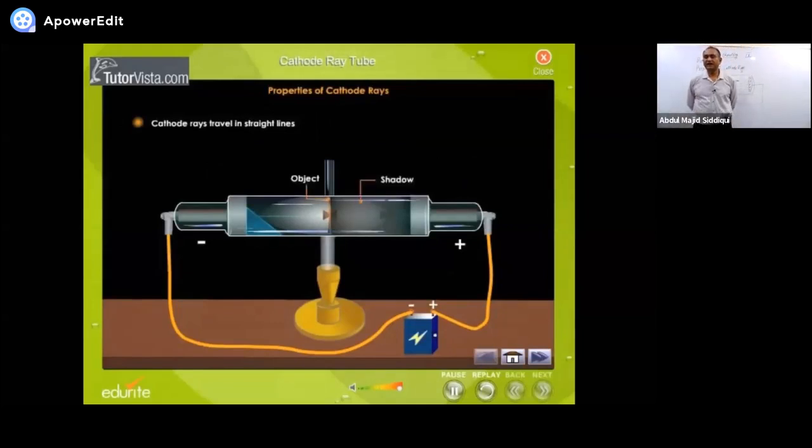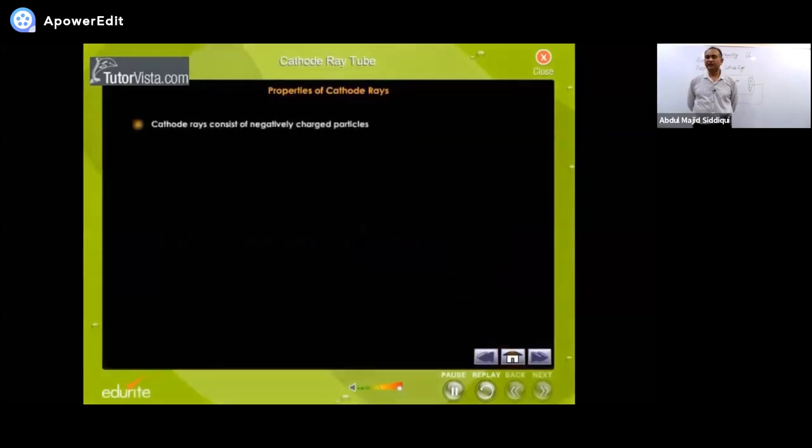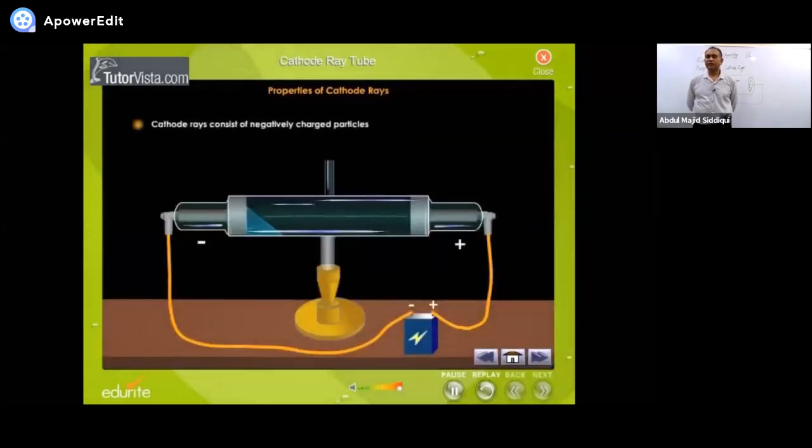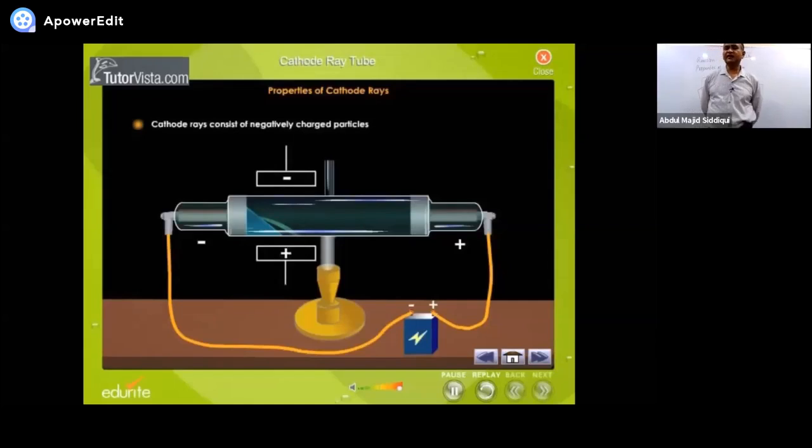They will bend. You can see right now the shadow is forming because these rays are traveling in a straight line. Now here we have brought batteries, one on the left, one on the right. So these rays are bending towards the positive side, which clearly indicates that they are negatively charged.